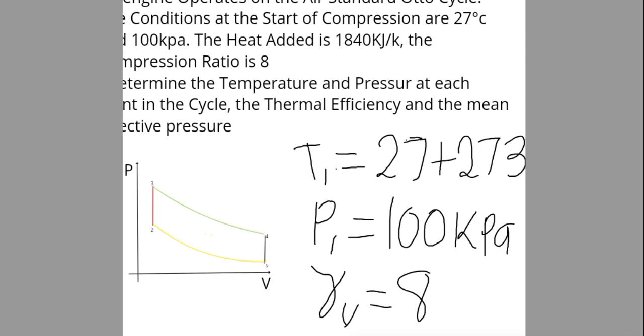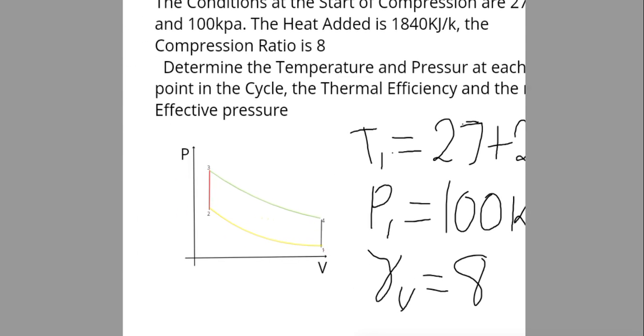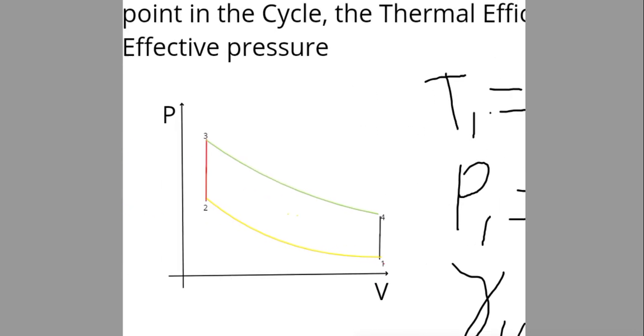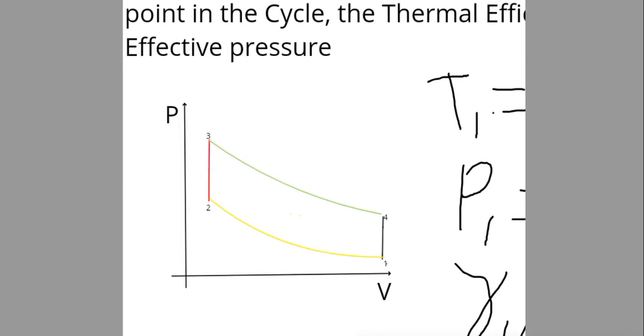So now, how do we go on to solve our question? For us to be able to get any value at point 2, the process from 1 to 2 is an isentropic process.